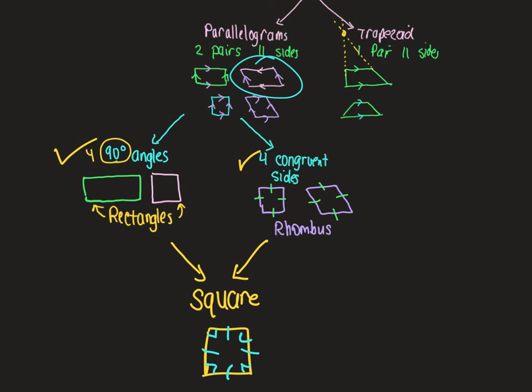So you could be a square and a rectangle, but this is only a rectangle. You could be a square and a rhombus, or just a rhombus. Just a parallelogram, just a parallelogram and a rectangle, parallelogram and a rhombus. These guys, which is this one, are all three names: parallelogram, rectangle, rhombus, which makes them a fourth name of square.